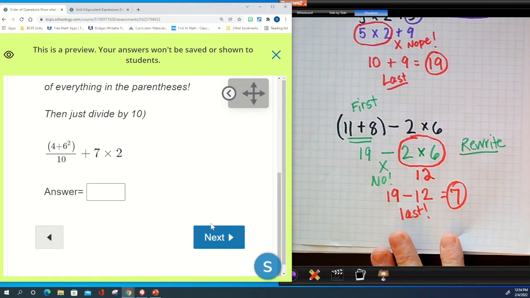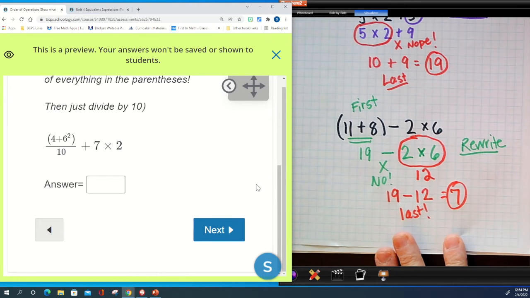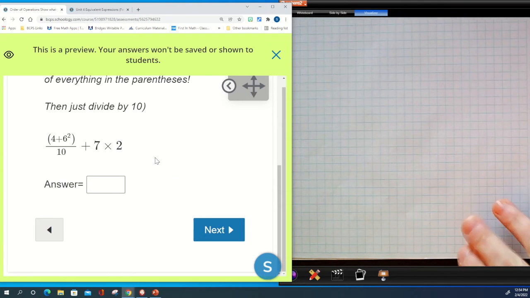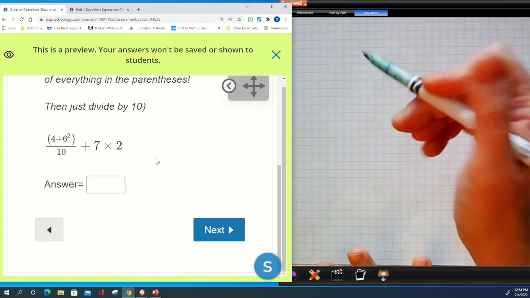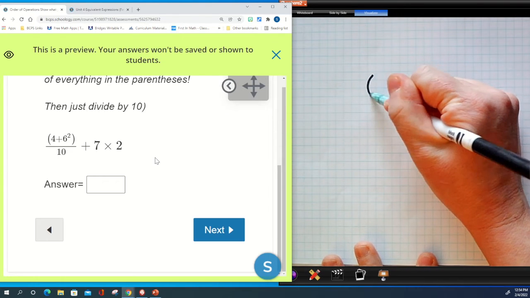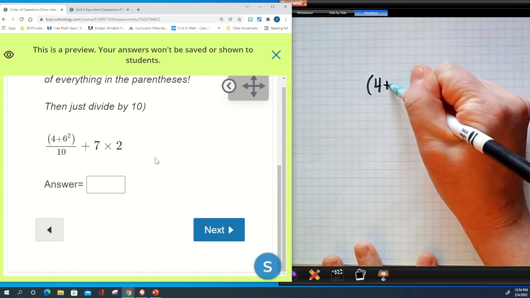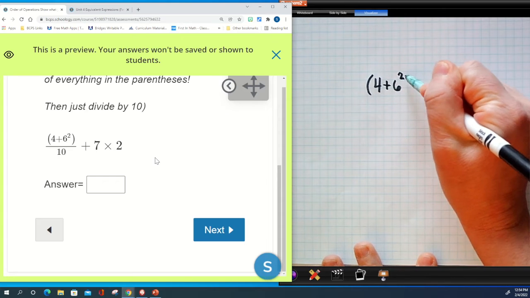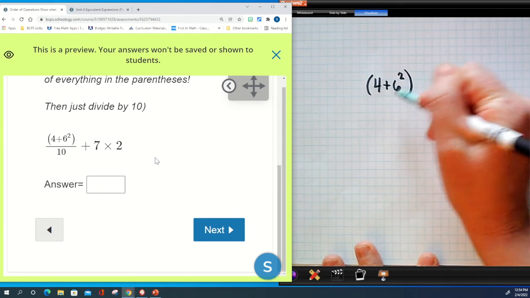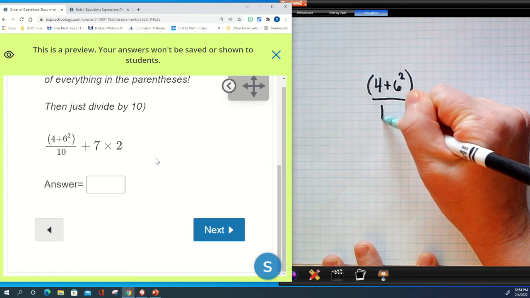All right, now this one is a little tricky. Now there was a hint up there to help you get started, but I am going to work this one out because this one is a little tricky. Please don't be afraid of the fractions. What this means is we have 4 plus 6 to the second power, okay? And then we're going to divide that by 10.